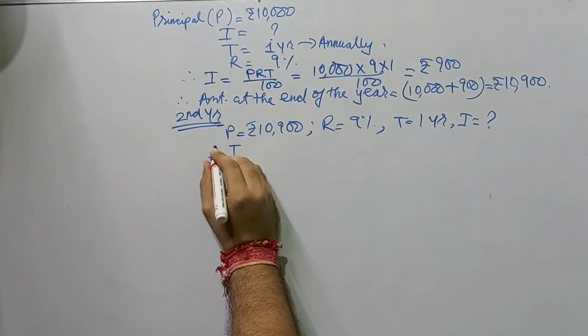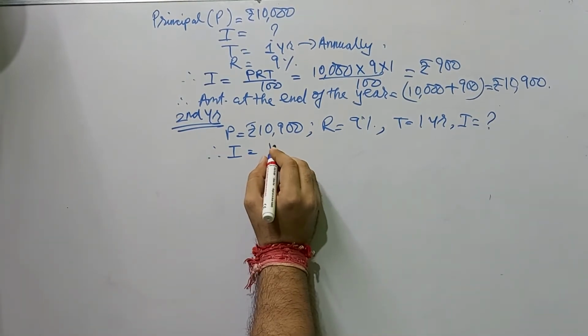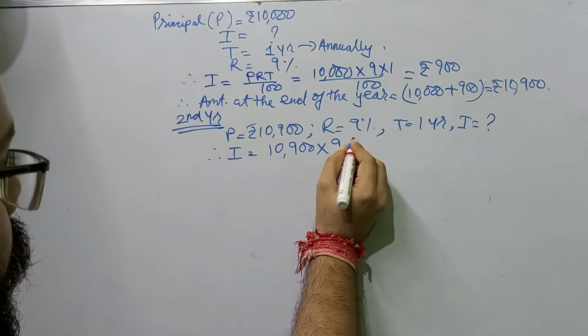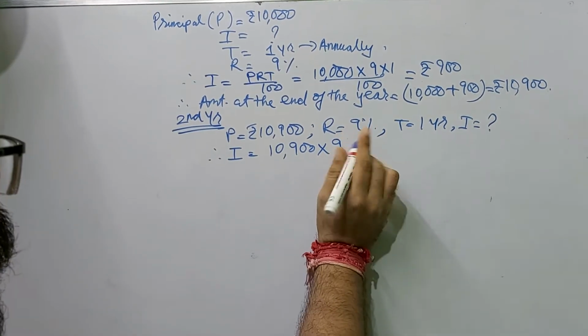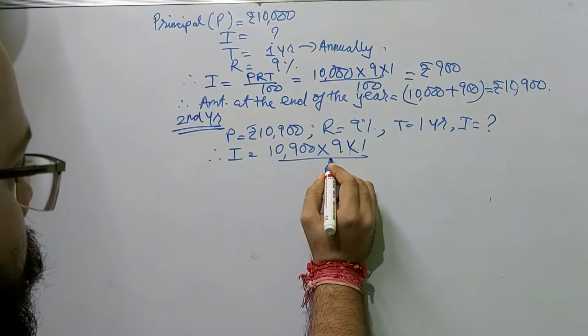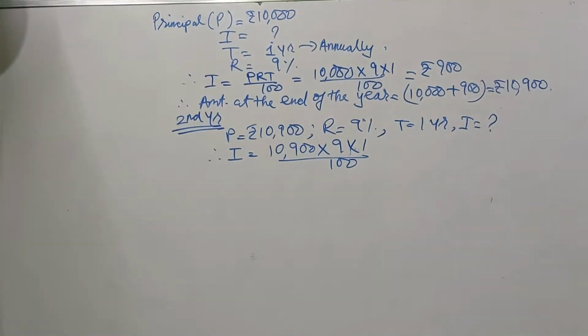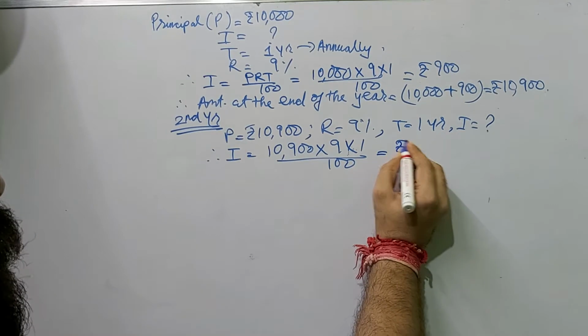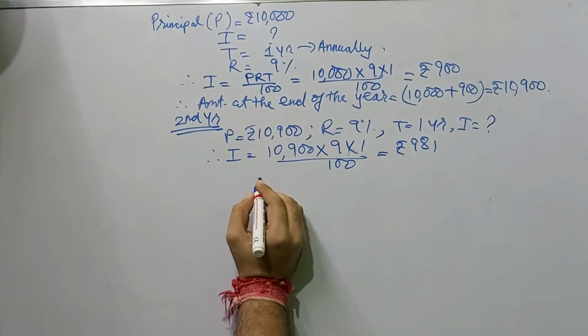So therefore, I'm writing directly, I'm not writing the formula again. 10,900 into 9 into 1 by 100, we will get rupees 981.